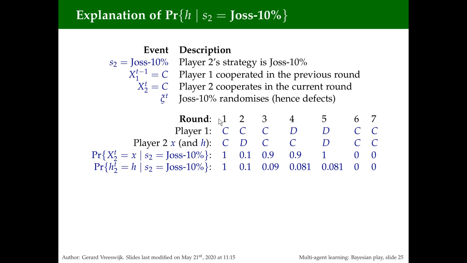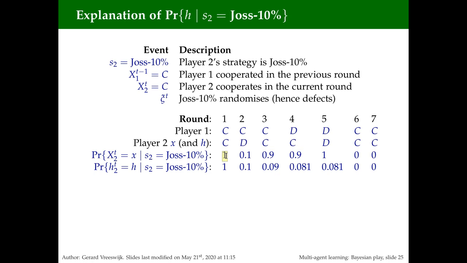So player 1 does its own thing, but we are interested in the behavior of the second player, and we try to predict what he's doing and compute the probability of the history given that he's playing Joss 10%.